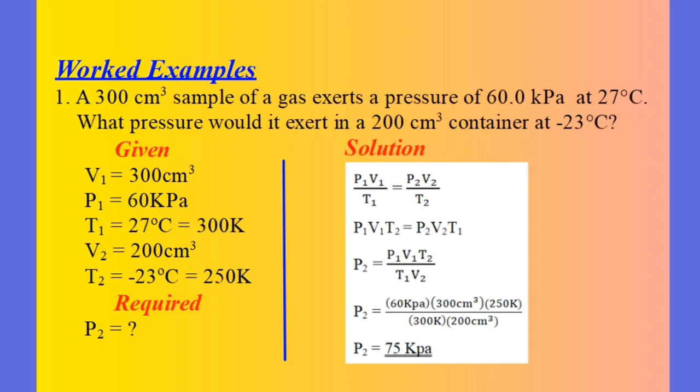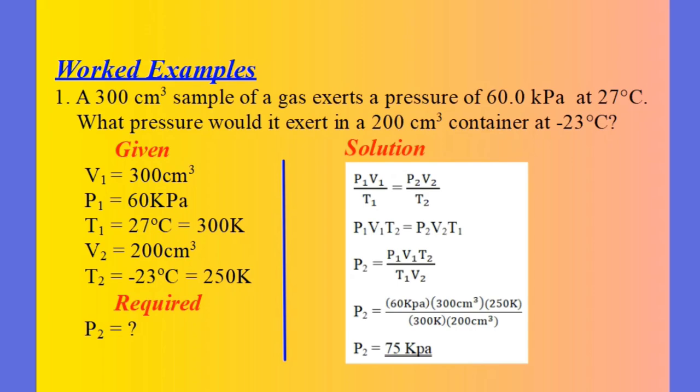The given quantities of this problem are the initial volume V1, which is 300 cm³, and the initial pressure P1, which is 60 kilopascal.